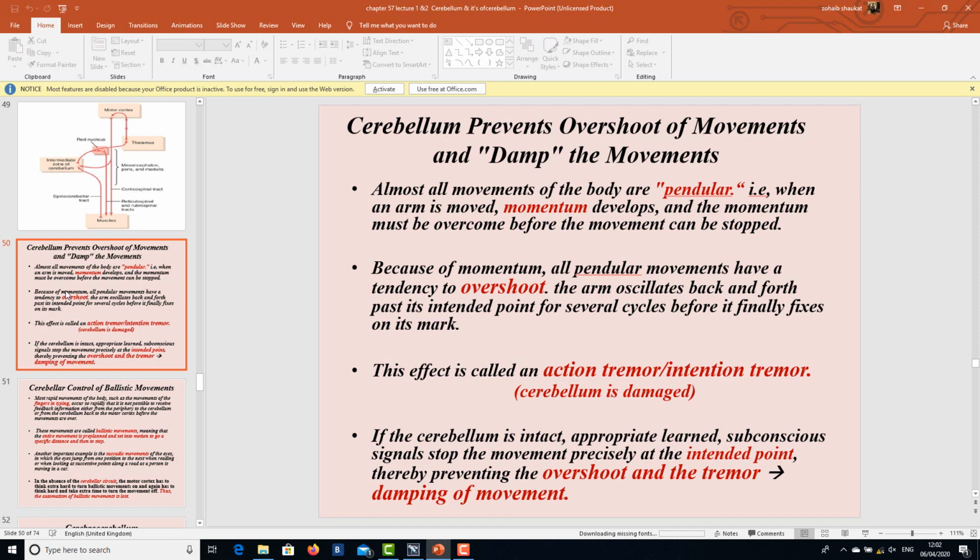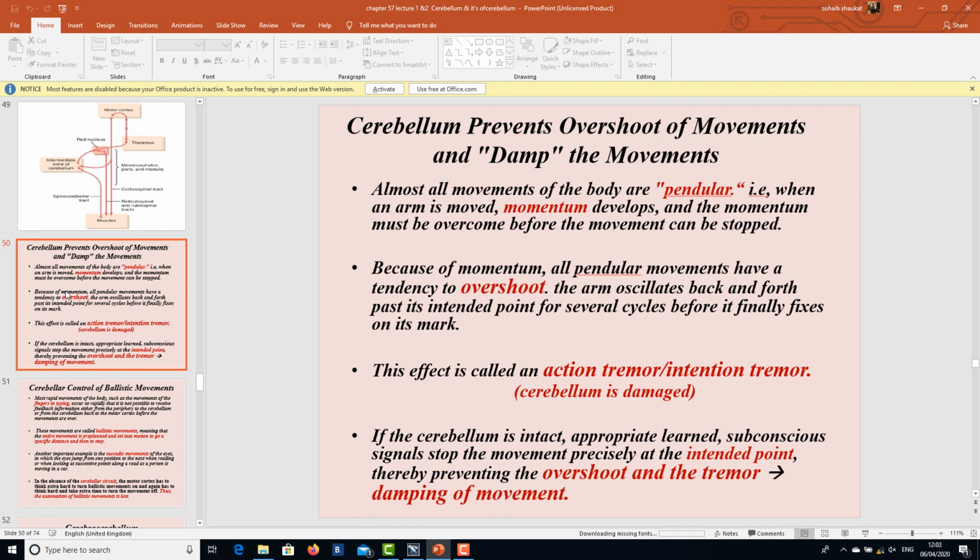This effect is known as action tremor or intention tremor if the cerebellum is damaged. So what is this term, action or intention tremor? One of the functions of the cerebellum is the damping of the movements so that they are not pendular at all.